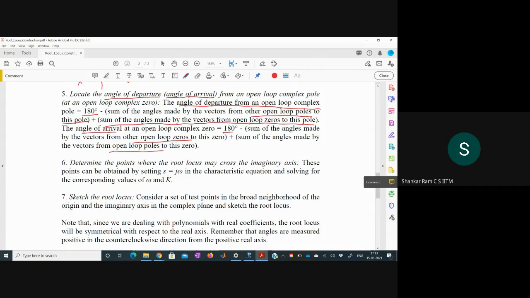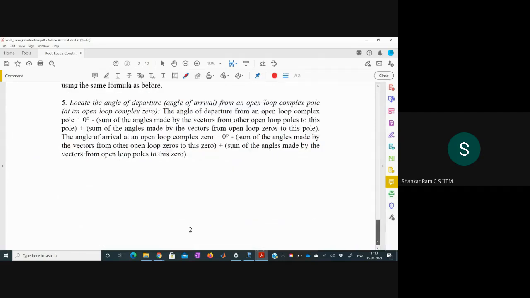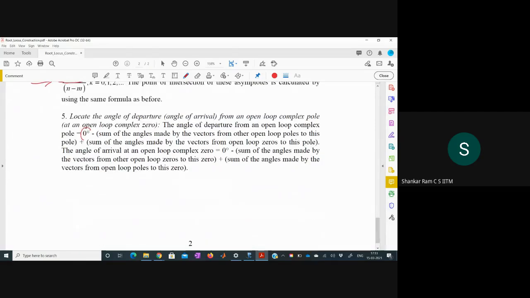However, now the angle condition is changed to an even multiple of pi. So immediately you can see that this 180 degrees has been replaced by 0 degrees. Of course, we can write it as 360 degrees also, absolutely no problem. But then we have 0 degrees as the replacement.